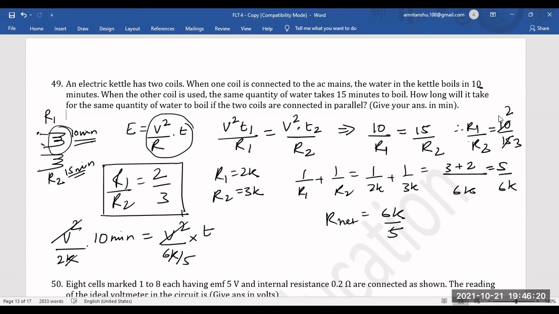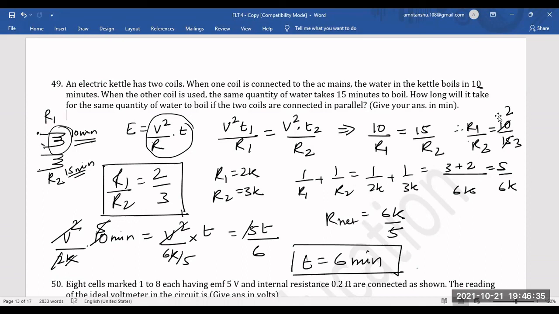So it is going to be 5T by 6. So 2, 5, 5 and 5 also cancel. So T is equal to 6 minutes. So this is our answer to question number 49.